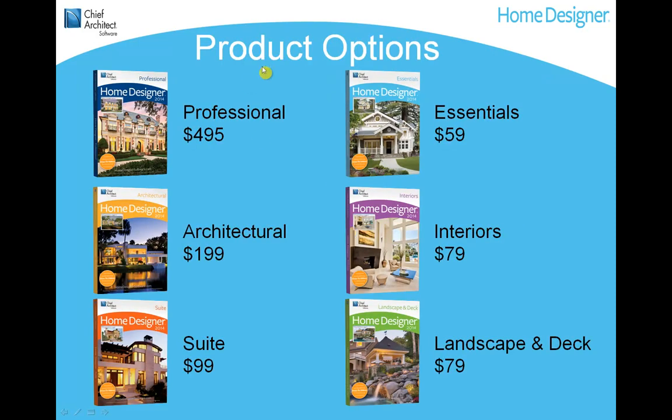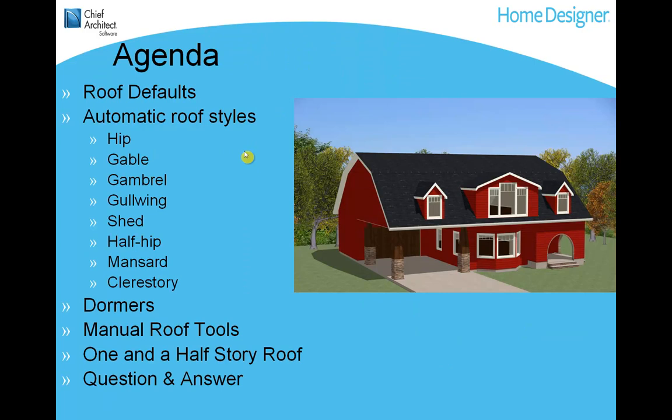So today I will be using Home Designer Professional, but I'll be going over mostly our automatic roofing tools, which will apply to the majority of our other programs, and I'll be very specific when I use something that's only available in Home Designer Professional. So today we're going to start by looking at our roof defaults and a little bit about how roofs work within the program.